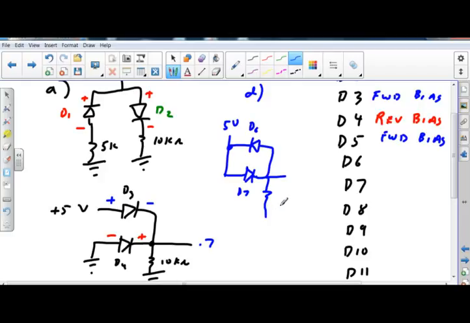I got a resistor down here, 10K ohms, and I'm grounded. I see that I'm positive on that side, I'm negative on that side, so D7 is forward biased. I see that I'm positive on that side, negative on that side. I see that D6 is reverse bias.